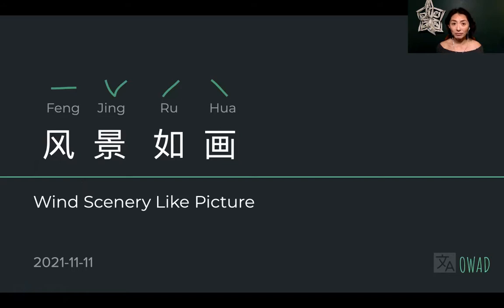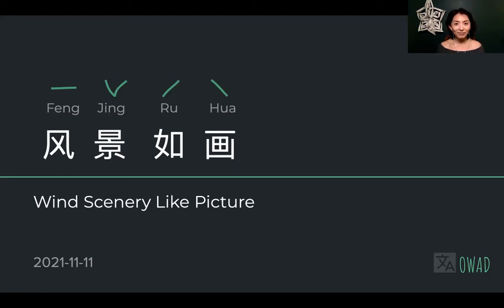And the bottom is pronounced Jing by itself. I guess everybody here has heard of Beijing, the capital city of China. That's the word for capital, and it's a pronunciation signifier. So we have the meaning at the top and the pronunciation at the bottom. That's a classical structure of Chinese character formation.